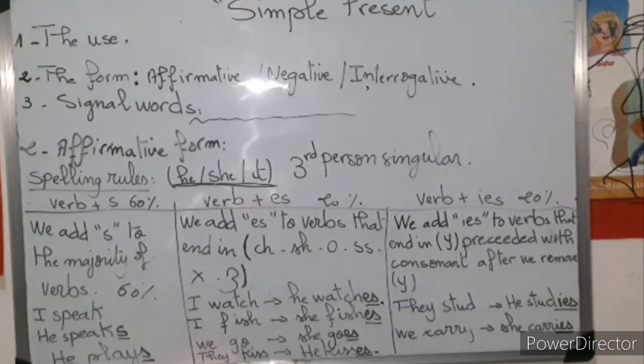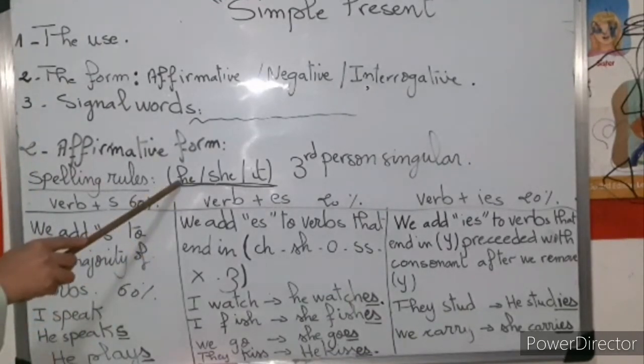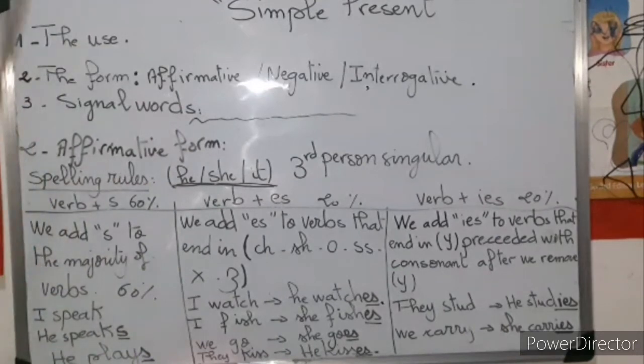So I hope that the three spelling rules are clear. These are the three spelling rules that go with the third person singular: he, she, and it. I repeat again that the other personal pronouns have no changes. Okay? So this is the affirmative form.